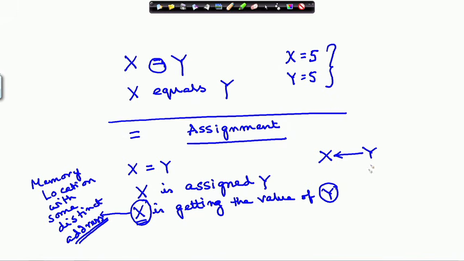with a distinct address, but this assignment means it is getting the value that is in y. So, let us think of it like this: here is a memory location, that is x. When I am writing x, it actually means the address of this memory location. And y is also a memory location, and when I am writing this variable name y, it is just for ease of our understanding.